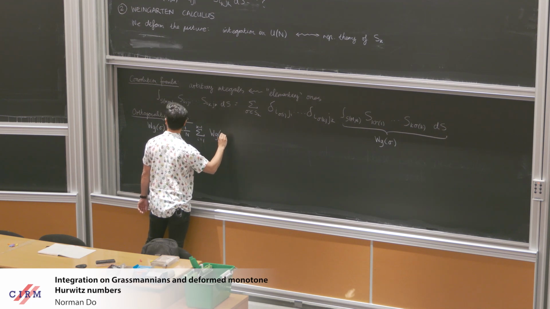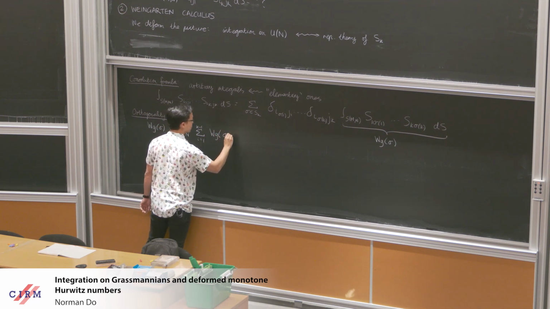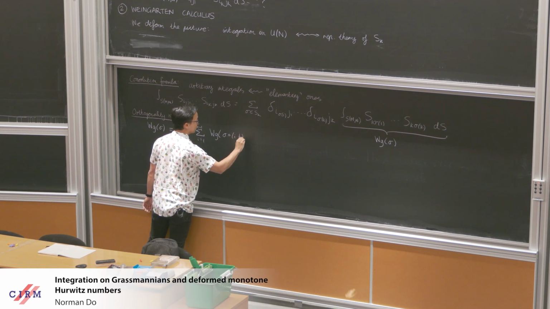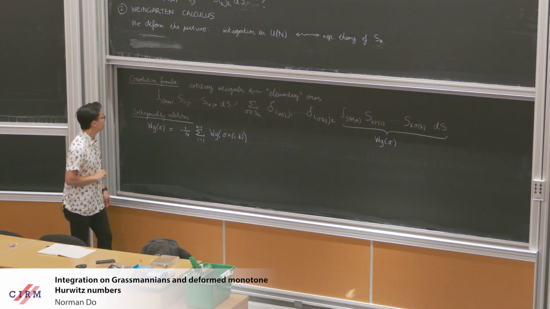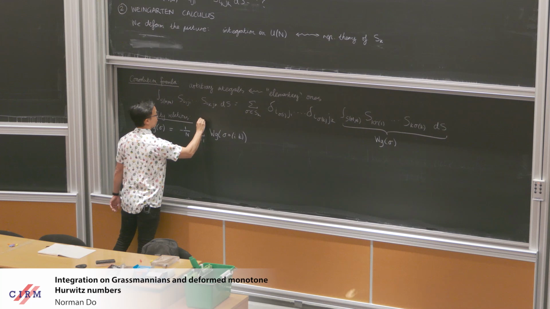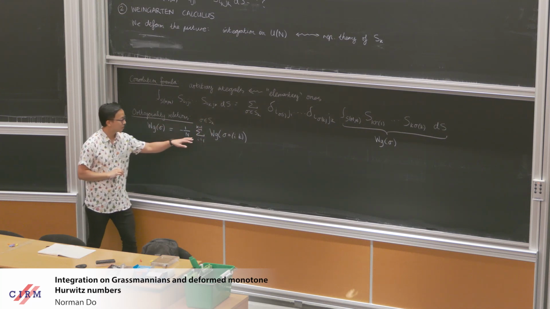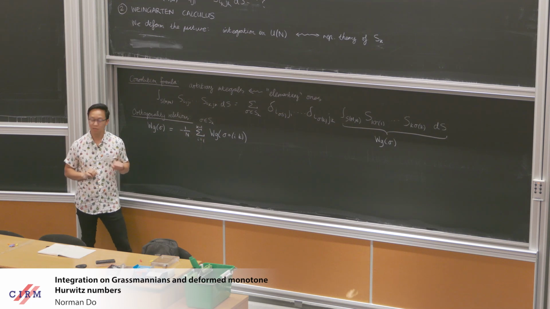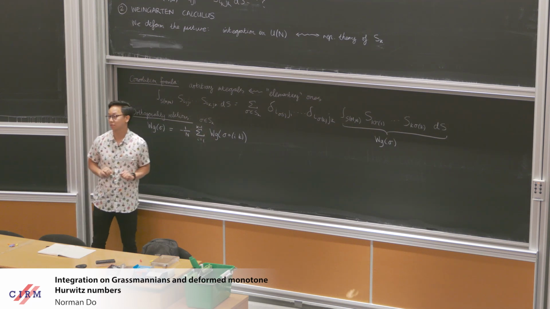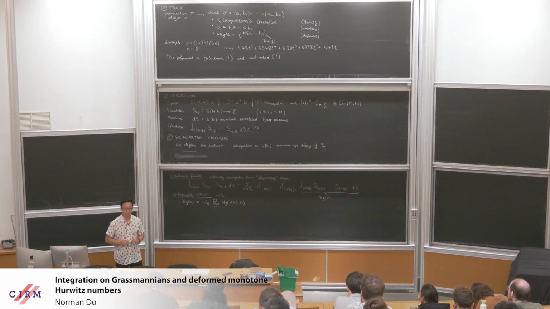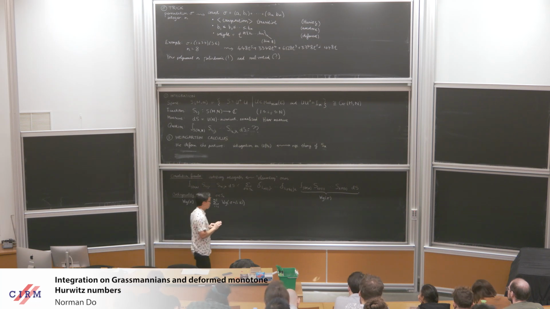The Weingarten function evaluated at sigma composed with the transposition ik. All right, so I'm thinking here of sigma living in the symmetric group Sk, and somehow k here plays a special role, and I'm summing up over all of these values. That's the first part. There's going to be 3 parts.